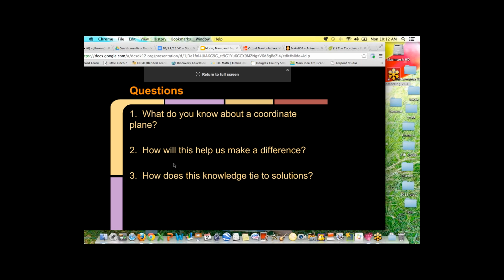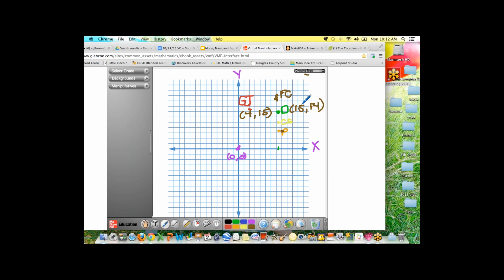And it's a good way to communicate with everybody. So if everybody is on the same page as far as where something is, it's easy to say, okay, well, Denver is at 15, 14. And then everybody knows how to get to that point quickly because we're talking about the same thing.